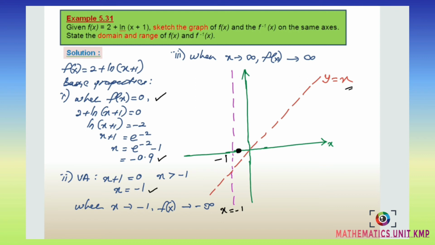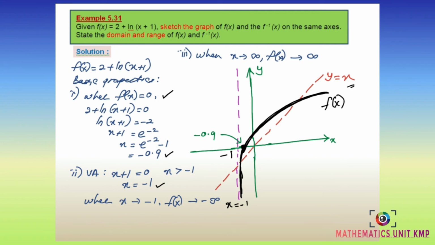And when x approaches negative 1, y approaches negative infinity. And when x approaches infinity, f(x) approaches positive infinity. And label the graph as f(x).